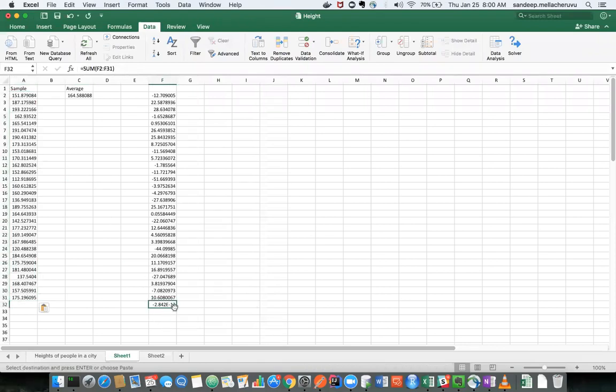Actually, it is 2.84 into 10 power minus 13, which is very, very close to 0. Yes. So regardless of what I take as a sample, my sigma x minus x bar will always be 0.